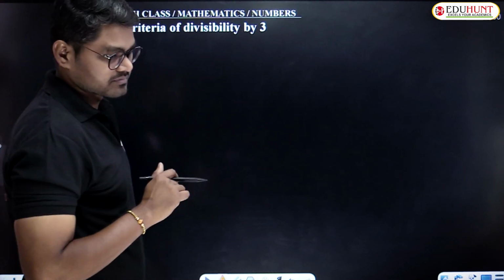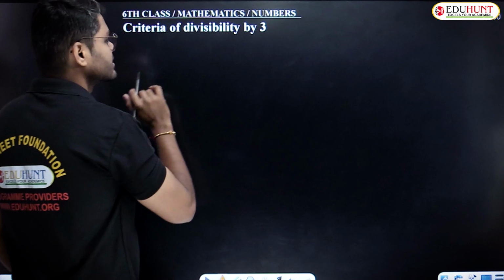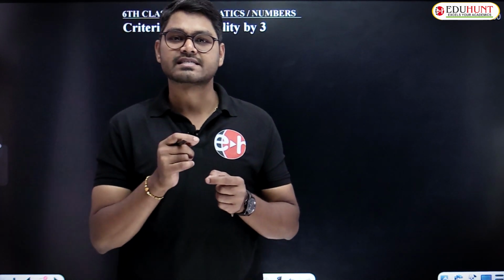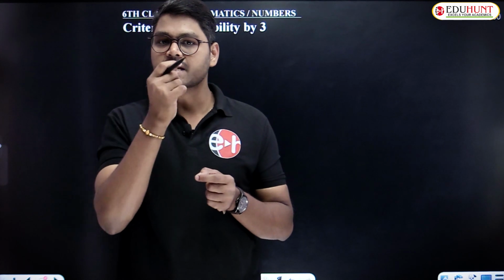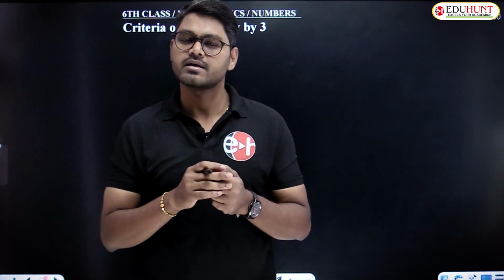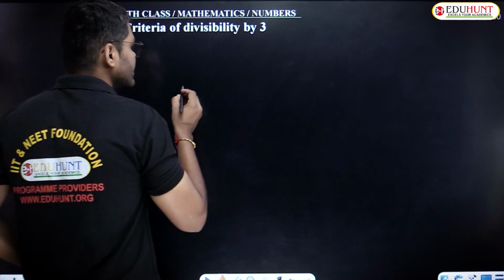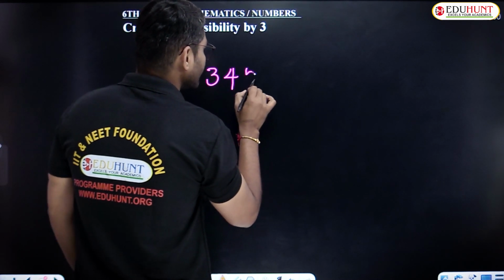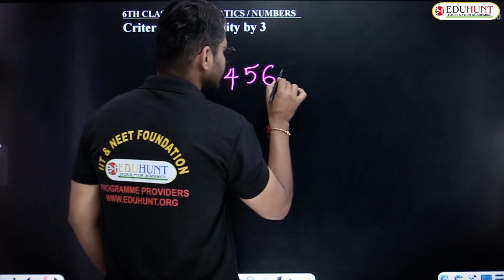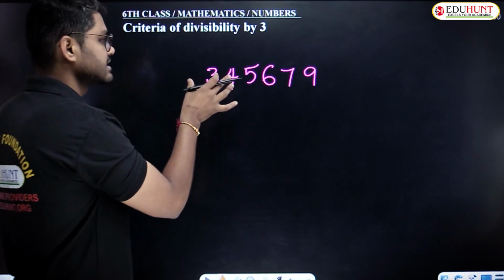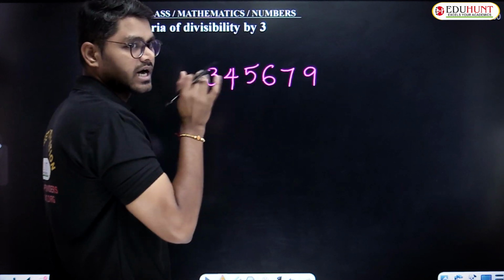Divisibility by 3. The divisibility rule of 3 is nothing but: if the sum of the digits in the given number is divisible by 3, then that whole number is divisible by 3. Okay students, I will give you one number, 345679. Let's check whether this number is divisible by 3 or not.